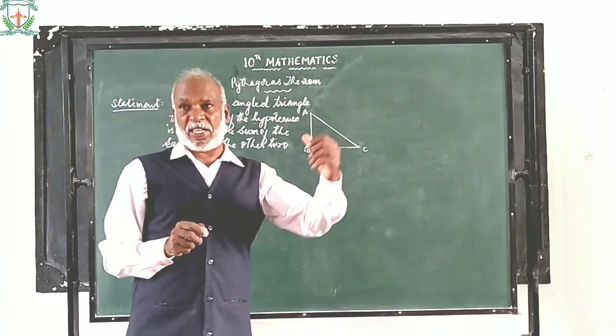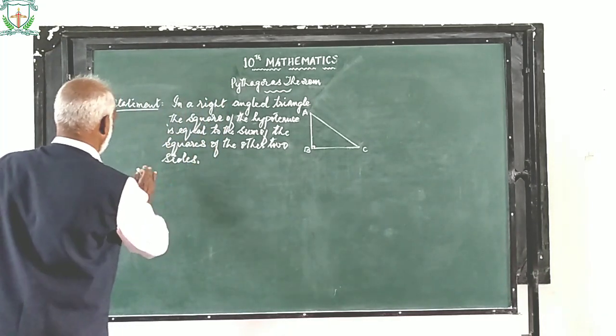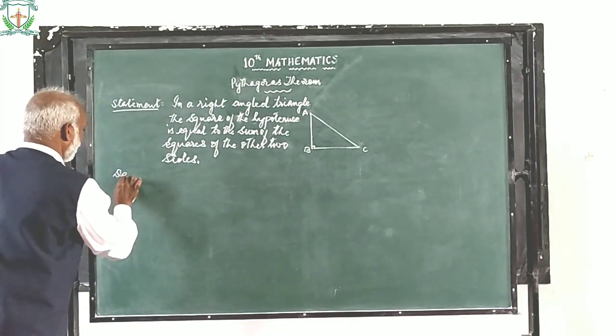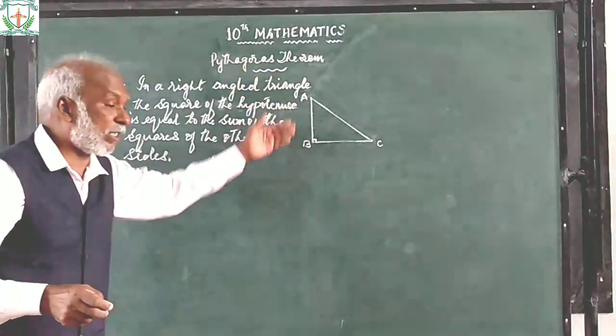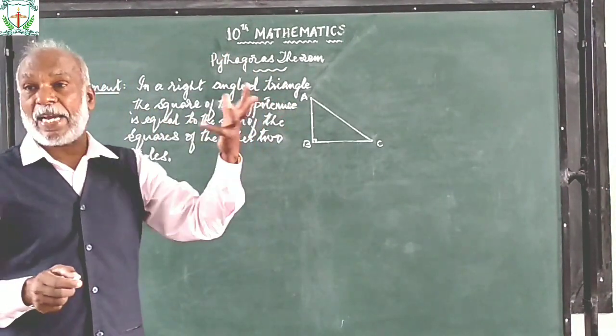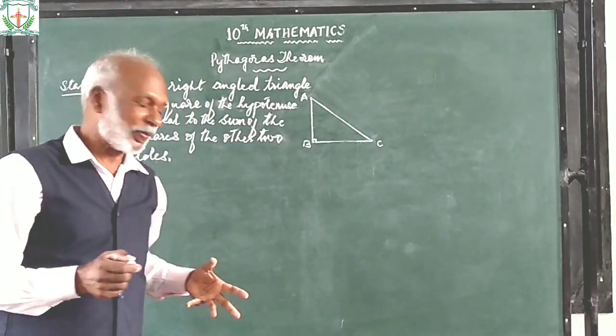So how to prove this theorem? So you know the steps of proving a theorem. First thing is data are given. What is given in the statement? In a right-angled triangle. That means a right-angled triangle is given.